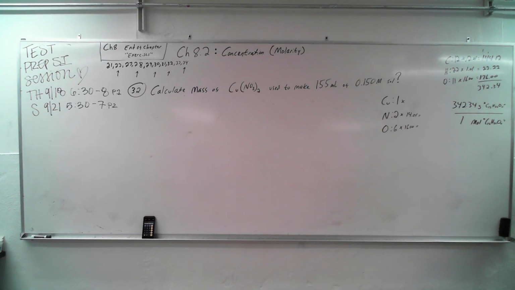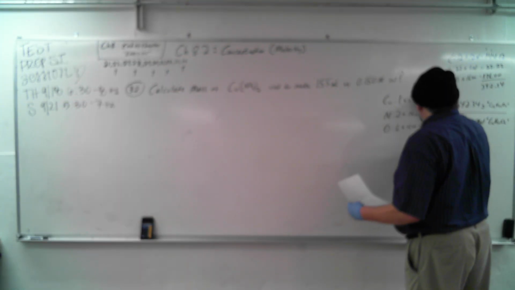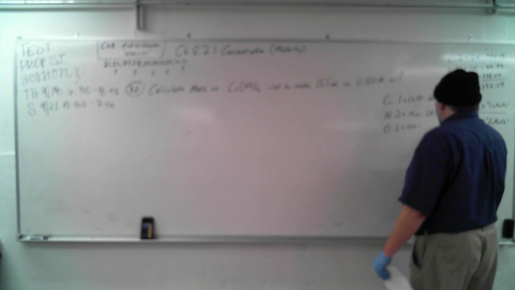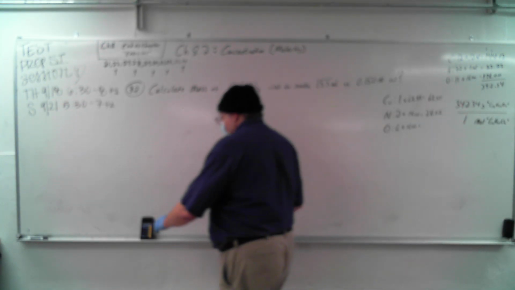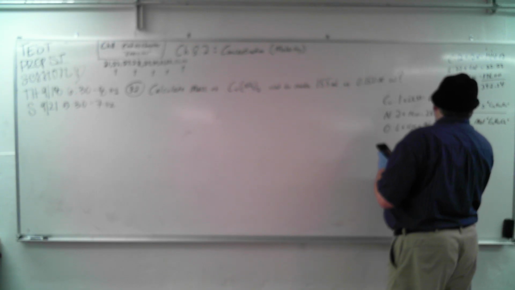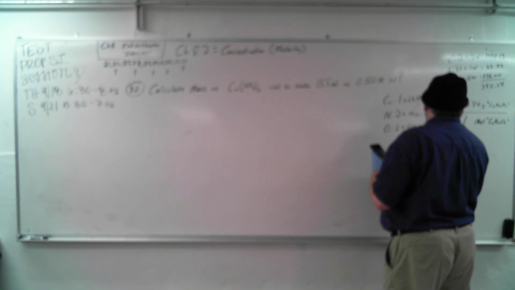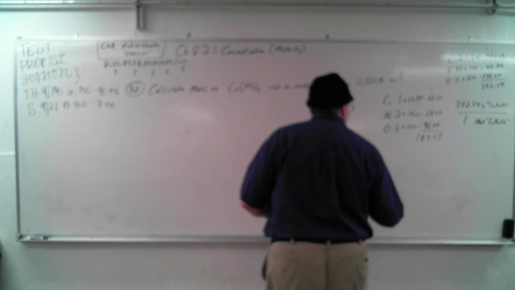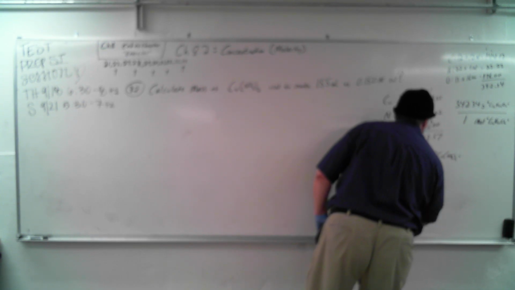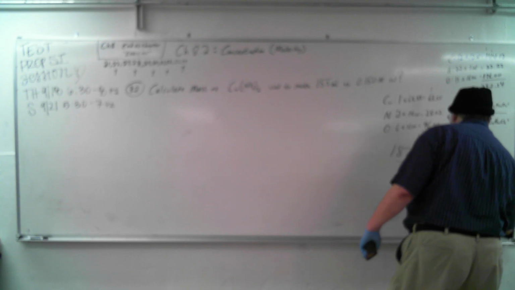Copper, 63.55. If I did that right, we've got 7.57 grams Cu into 3.2 moles of Cu into 3.2.